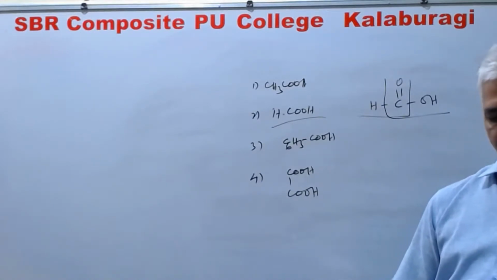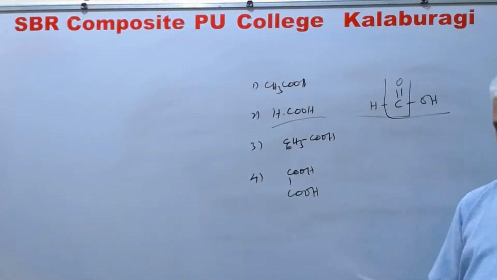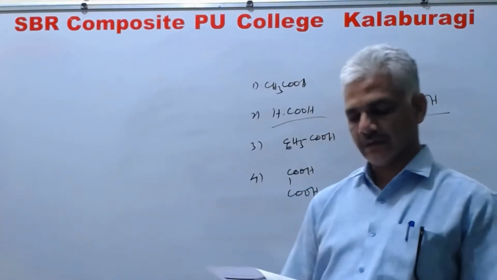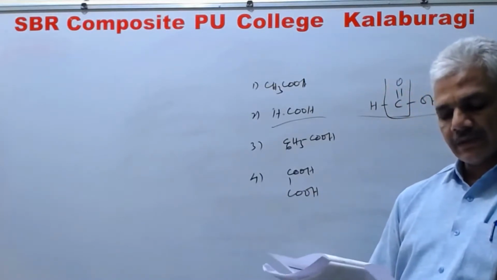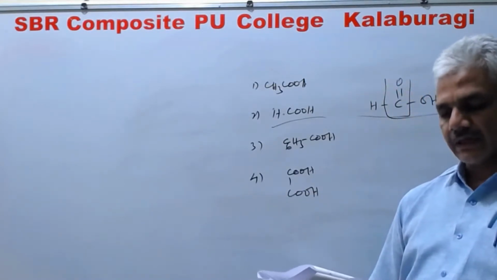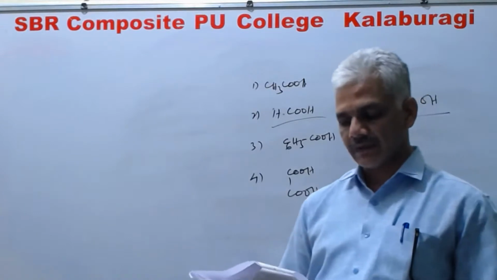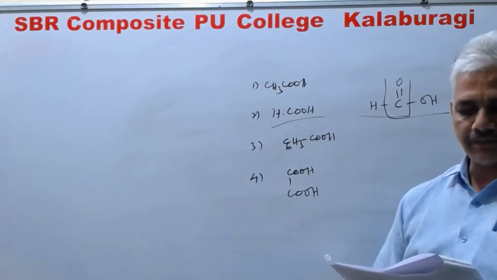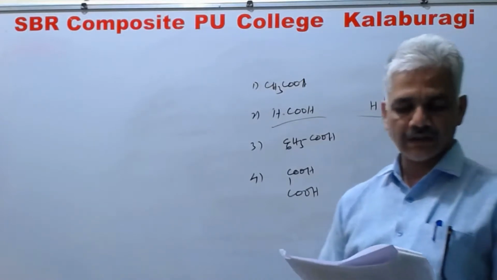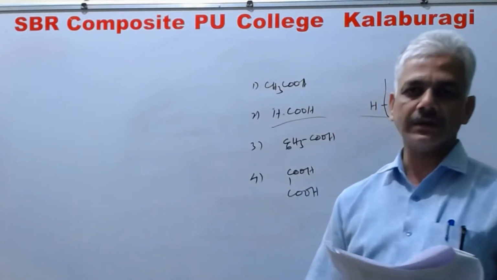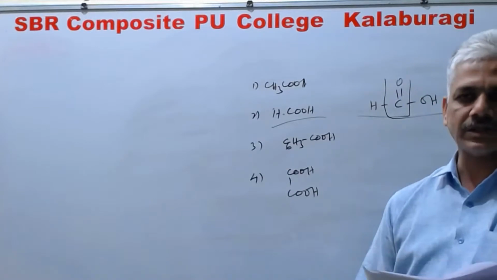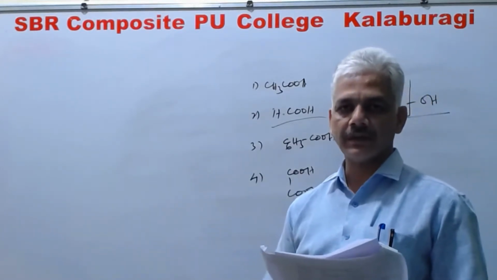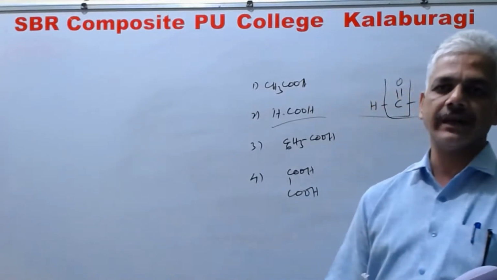Next, 43. Which of the following converts carbonyl compounds into hydrocarbons? Given options are hydrogen in the presence of platinum, lithium aluminum hydride, acidified potassium dichromate, zinc amalgam and HCl. In the given options, the third option is ruled out. It acts as an oxidizing agent, whereas in the conversion of carbonyl compounds into hydrocarbons, the process involved is reduction.